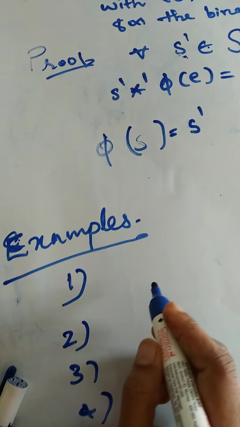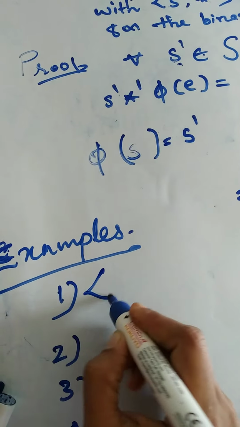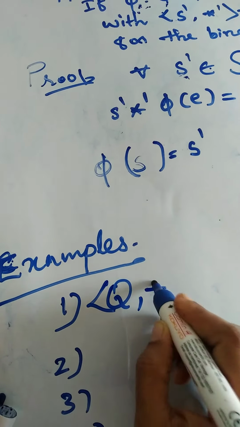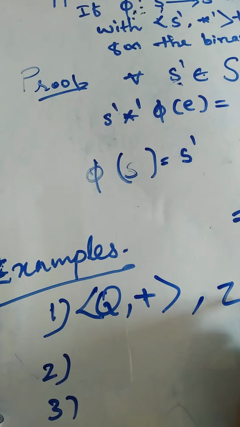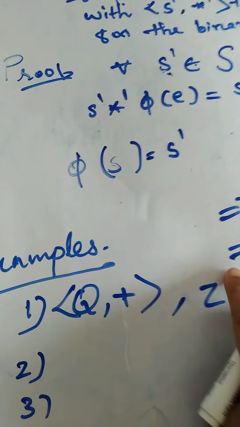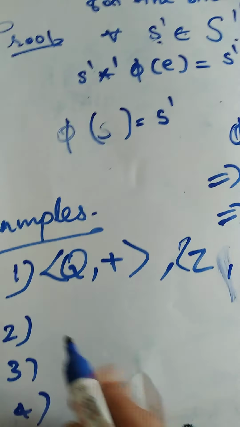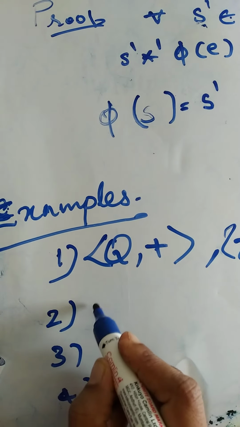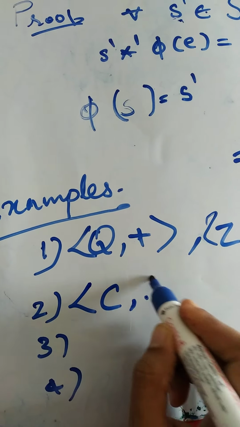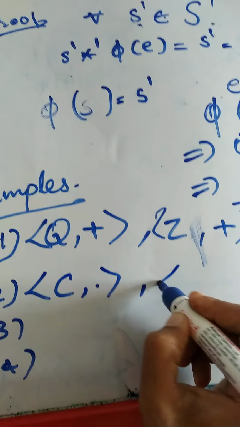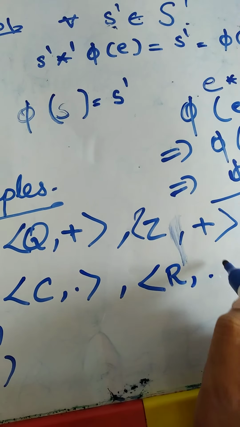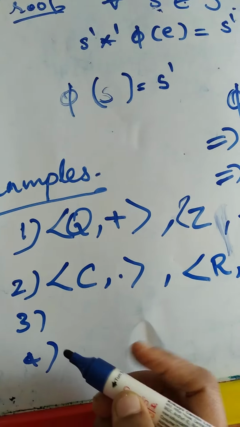So the first example is Q plus and Z plus. Next example is C dot and R dot, where the operation is multiplication.